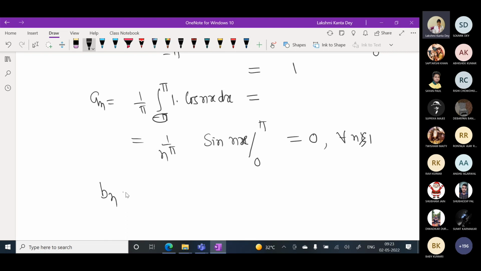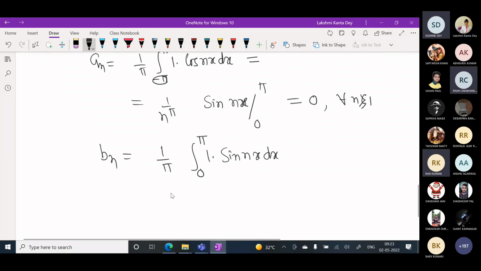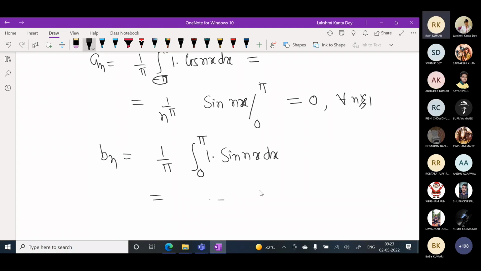Now what is your bn? 1 by pi, here again minus pi to 0 and 0 to pi. This is 1 into sine nx dx. So what is this? Minus cosine nx by n, from 0 to pi.